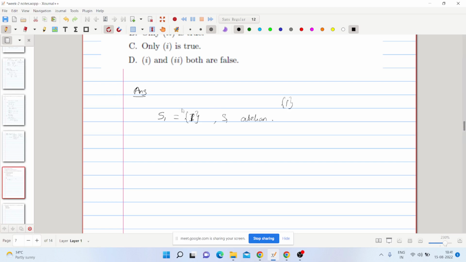Is this clear? S1 equals {1 maps to 1}. This is the only possible element in S1. Of course it is a trivial group, abelian. Clear?